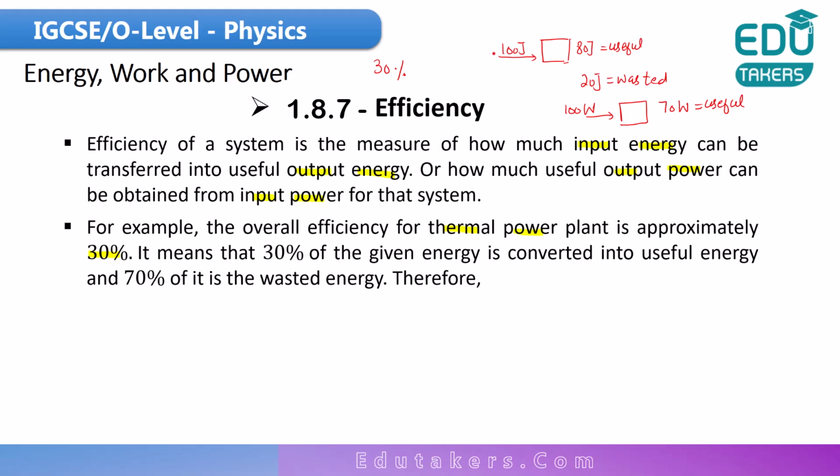So I can simply say here 30 joule is useful energy and the remaining, which is almost 70 joule, would be wasted energy.